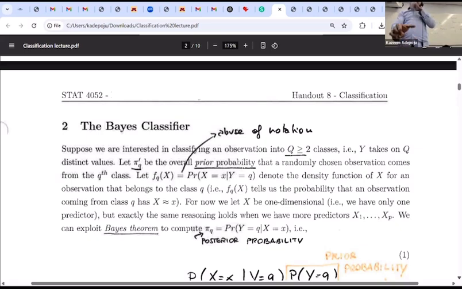So I'm going to walk you through this material today and on Friday. We're going to discuss 4 different kinds of classifiers: the Bayes classifier, the KNN, linear discriminant analysis, and quadratic discriminant analysis. In this lecture, we're only going to focus on the Bayes classifier and KNN classifier, while on Friday we're going to talk about linear discriminant analysis and quadratic discriminant analysis.